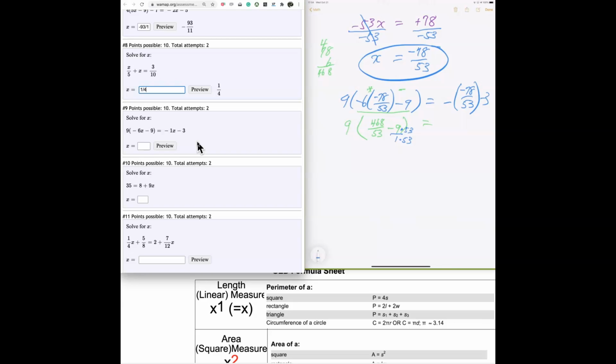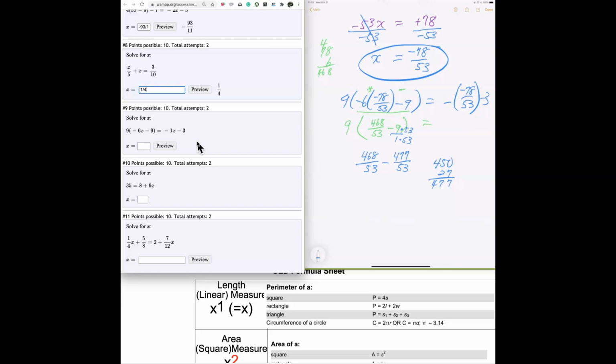And this is going to be 468 over 53 minus, and then 9 times 53. So let's do it the quick way. 9 times 50 is 450. 9 times 3 is 27. Let's add those together. We'll get 477. Put this up here, 477 over 53.